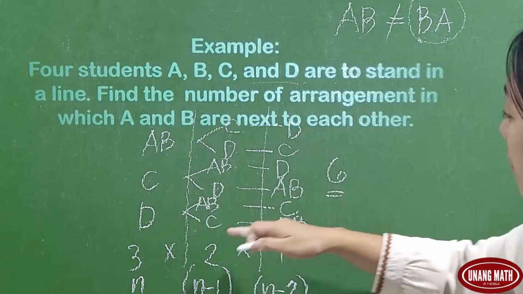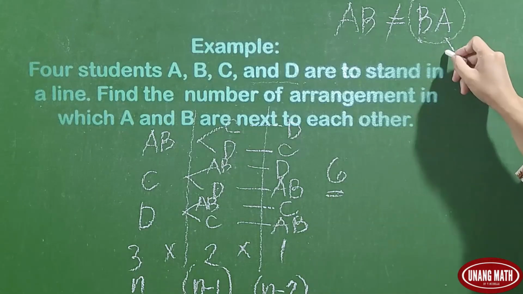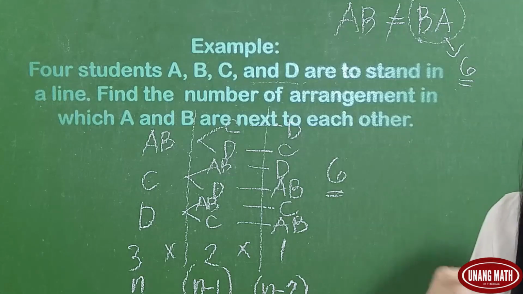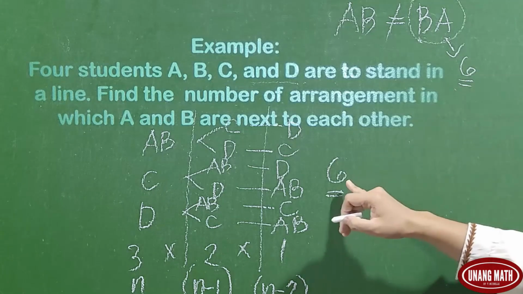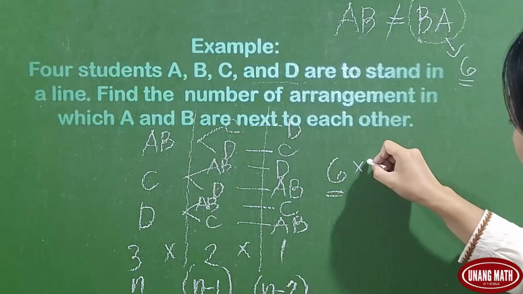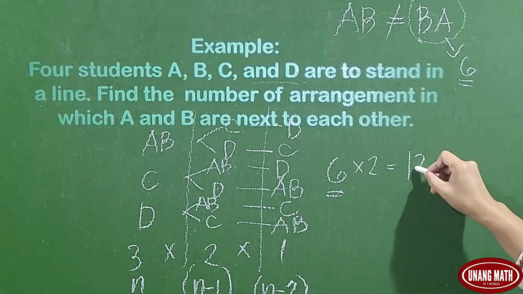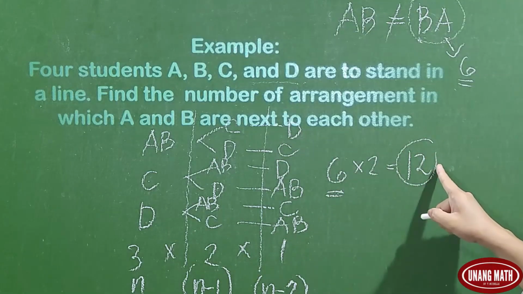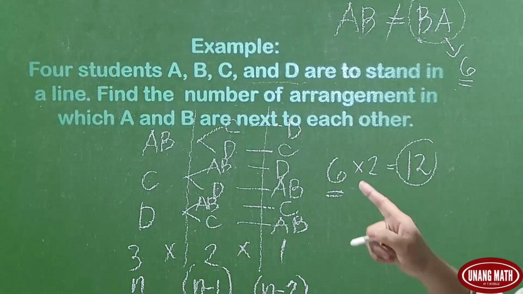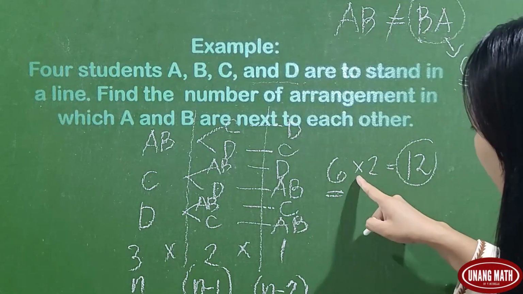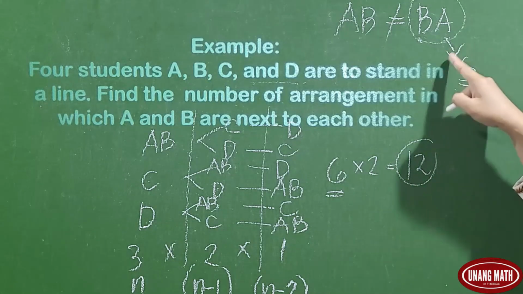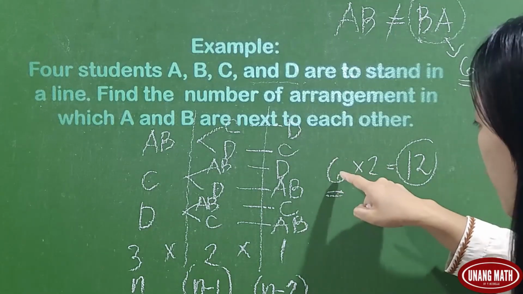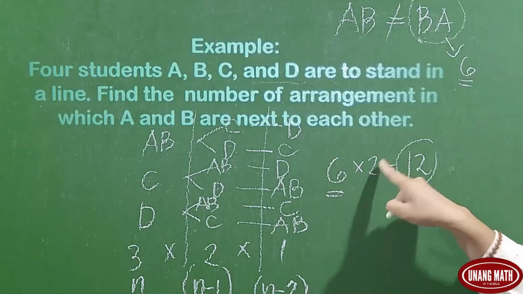And if we do the same thing, we find that we also have the same number of outcomes, which is 6. So we just have to multiply this by 2. So the total number of arrangements in which A and B are next to each other is 12. Mind you, we multiply this by 2 because we got 6 here. It doesn't mean that we have to multiply 6 times 2.